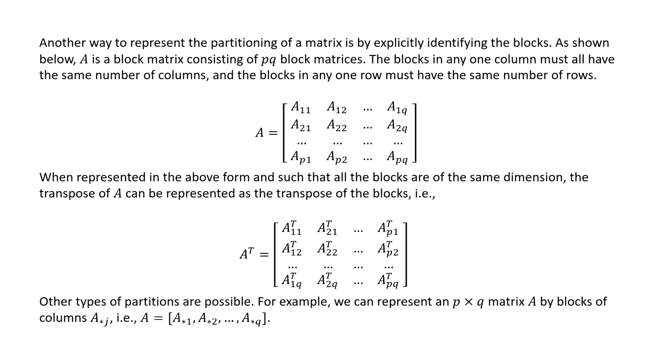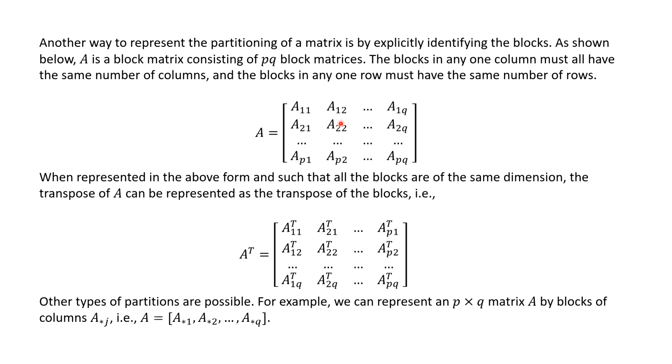Another way to represent the partitioning of a matrix is by explicitly identifying the blocks. We have an example here in this figure. A is a block matrix consisting of P times Q blocks. Each entry here is a matrix. The blocks in any one column must all have the same number of columns.